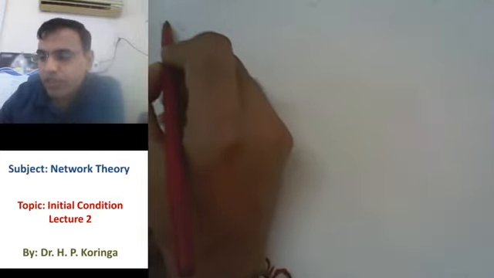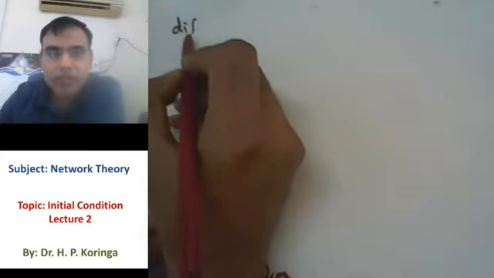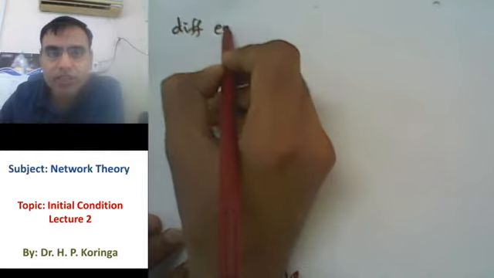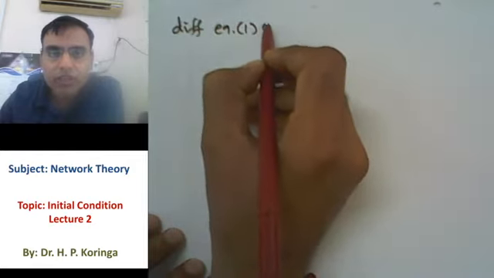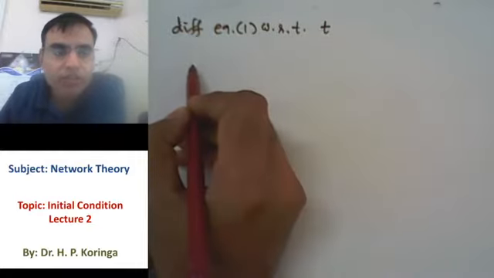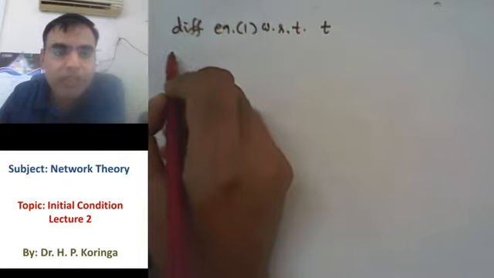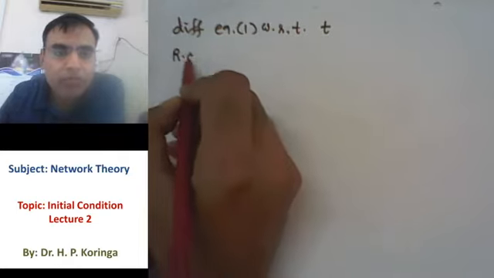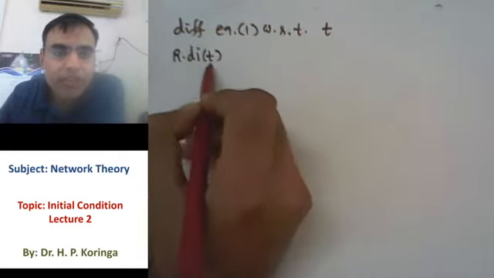So differentiate equation 1 with respect to t. So differentiation of R I of t is R into dI of t divided by dt.